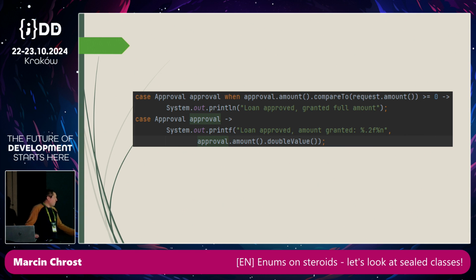And in the second case, the amount granted is less than requested, so definitely we need the second one. The nice part is that with the guarded pattern, if one branch is fulfilled, the other branch is not evaluated. So there is no possibility that you can fall into both branches at once, because every solved branch excludes itself from further processing. So in my opinion, it's much more concise and readable.